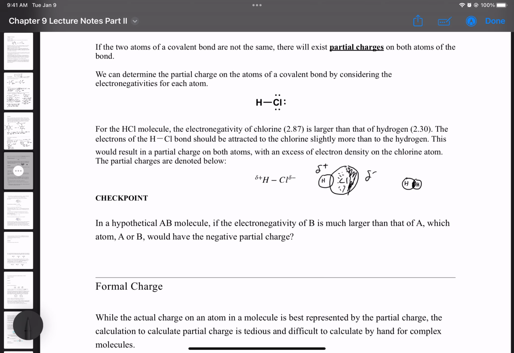We know the electronegativity of A is much less than the electronegativity of B. So when this situation occurs, that means A will have the partial positive charge because it's less electronegative, can't hold on to the electrons as much as it wants. So in this case, A will be partially positive and B will be partially negative.